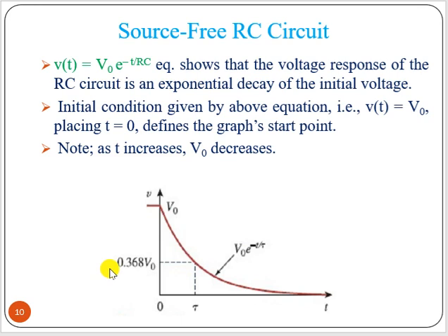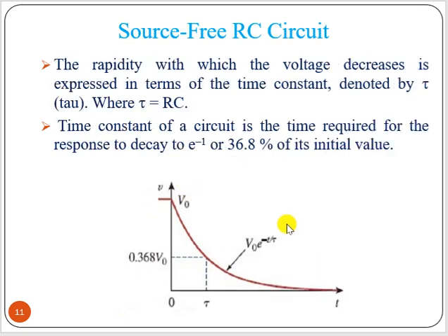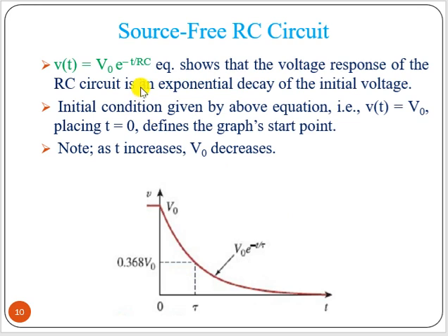So if t equals 0, V(t) equals V0. Then it decreases exponentially to 0. As t increases, V0 decreases exponentially and goes to 0. Now here I already told you that RC we can write as tau, which is the time constant of this circuit.